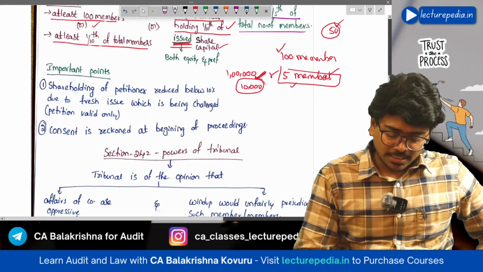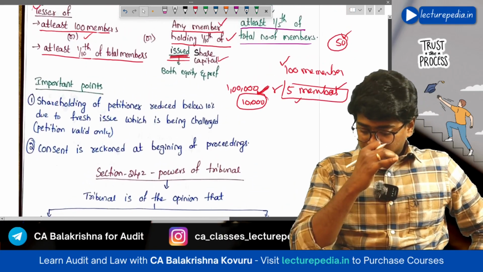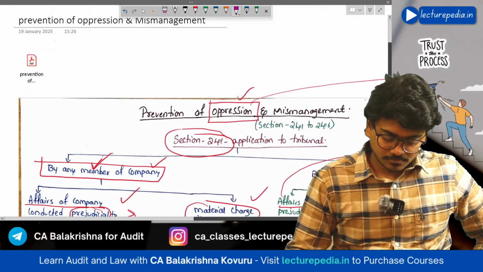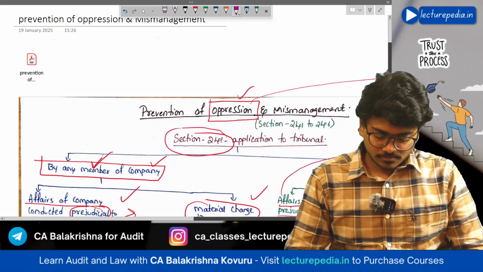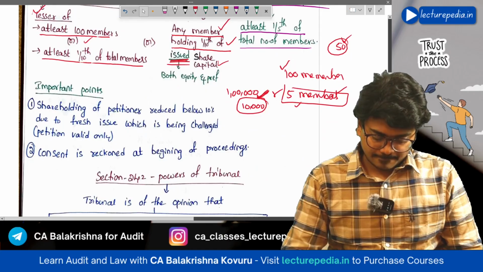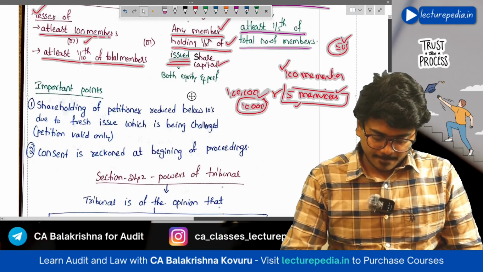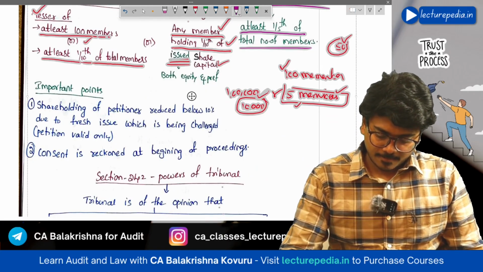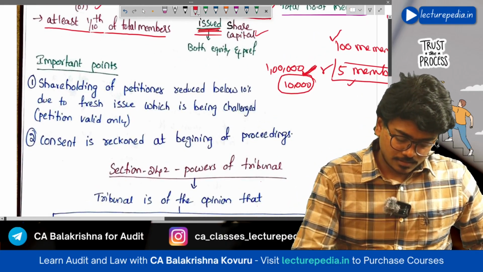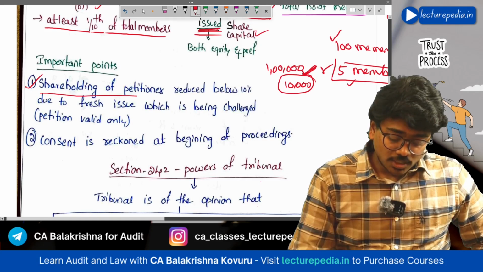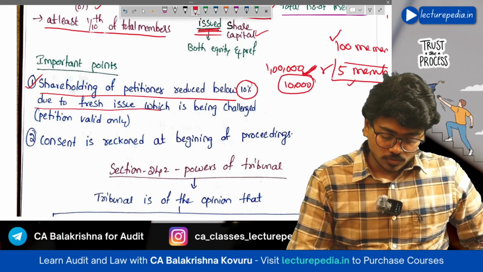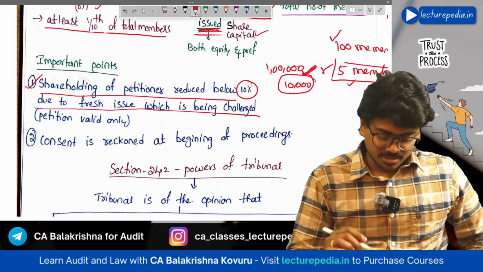And some important points. Shareholding of the petitioner reduced below 10% due to a fresh issue which is being challenged.